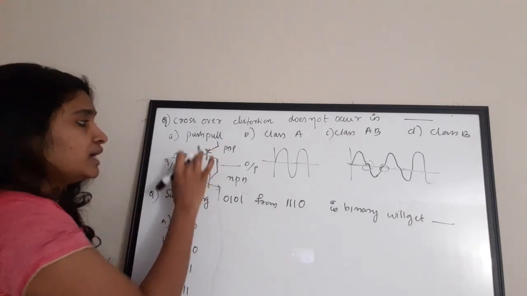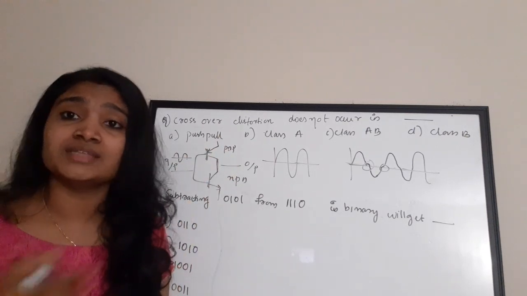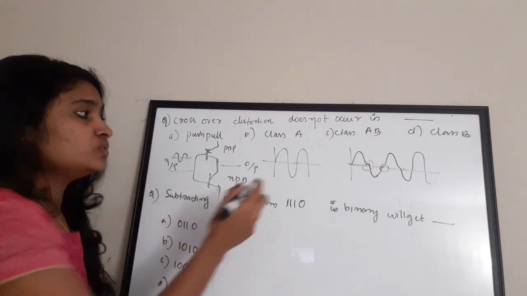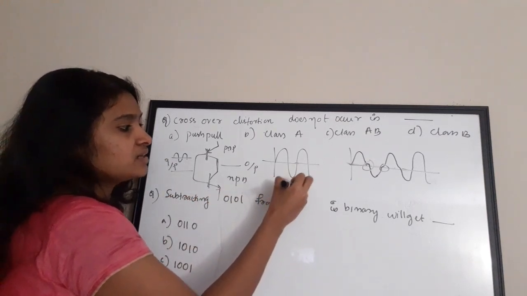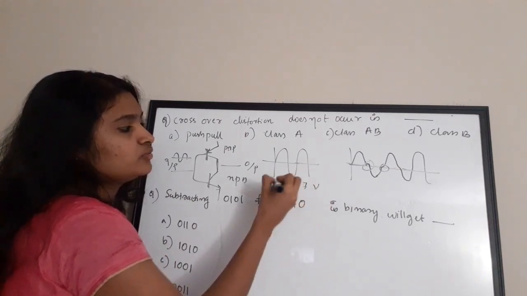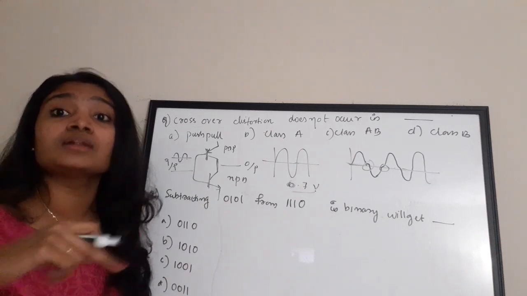So to turn on the base emitter region of the transistor, we need a cutoff voltage. For a silicon transistor, 0.7 volt is the cutoff voltage required to turn on. Only then will the transistor start conducting.